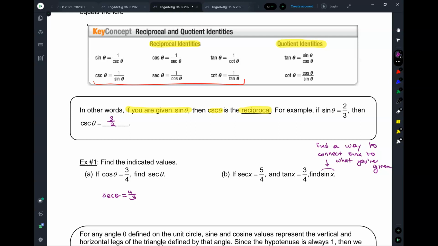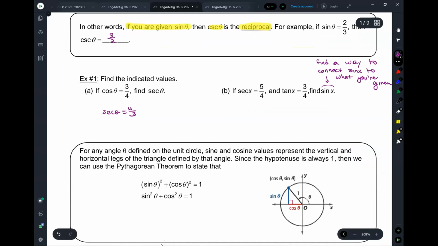So is there a way that cosine and tangent and sine are related? Any way here that sine and cosine and tangent are related? Yeah. They're related because all the numbers are in the same triangle. Right, but which identity here? Do you see how this relates all of them? Yeah. Right? The tangent, the sine, and the cosine. So that's what we're going to use.